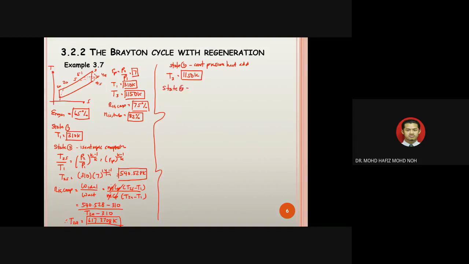And then you go for state 4. State 4 is isentropic expansion.